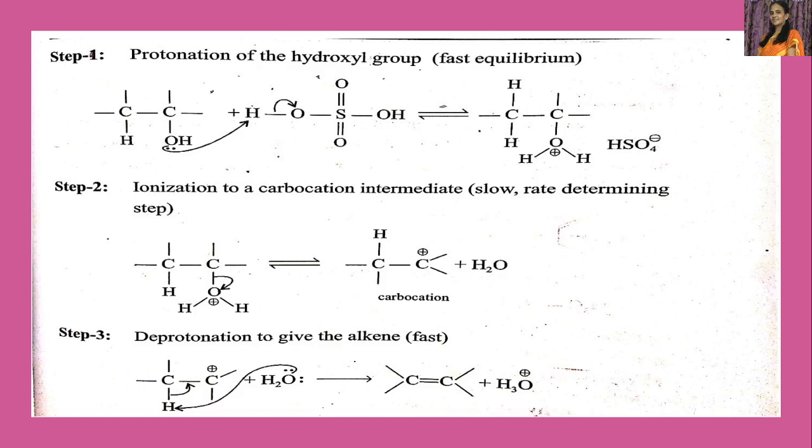In the next step, what happens? This ion ionizes and loses a water molecule to form the carbocation. This is a slow and rate determining step. In this step, only one molecule is participating. Therefore, it is called a unimolecular mechanism. And in the last stage, what happens? This carbocation loses one proton to a weak base like water or HSO4 minus to form the alkene.